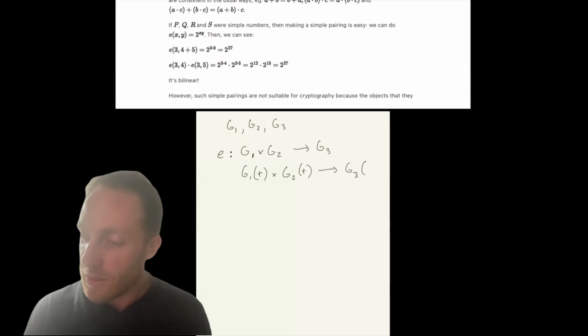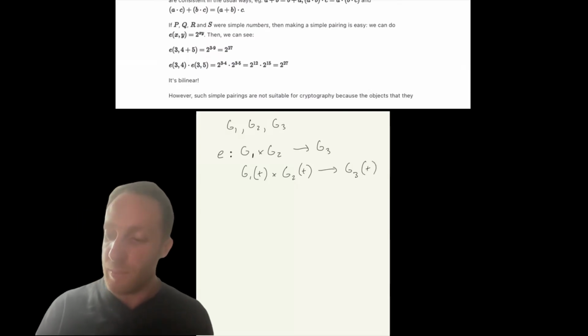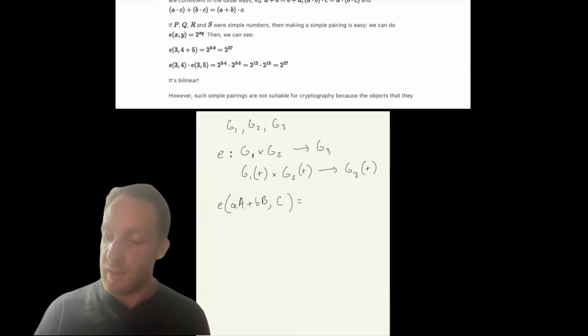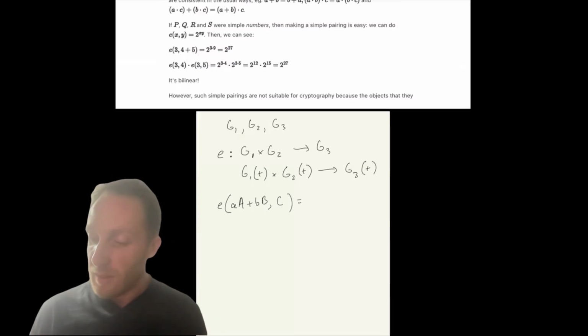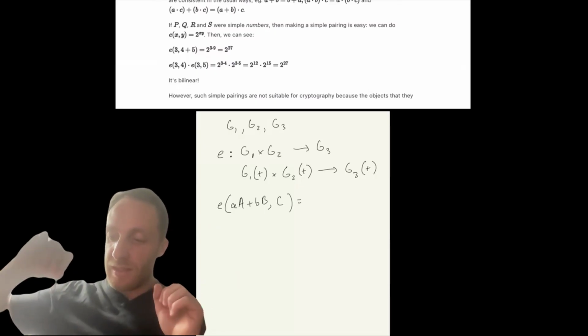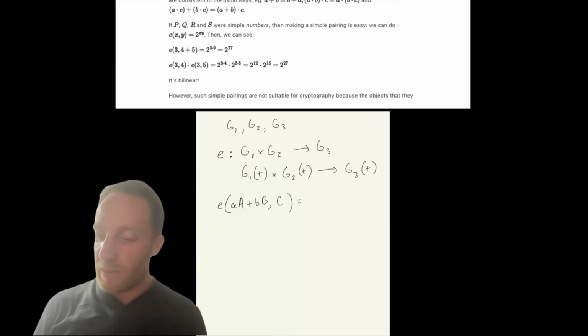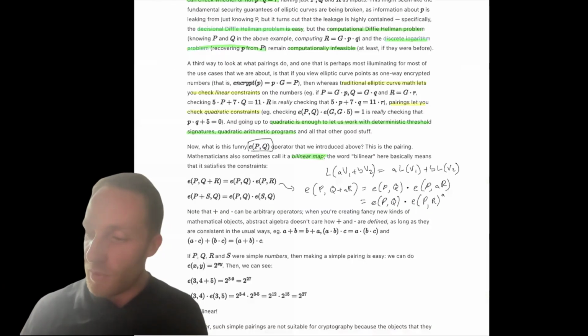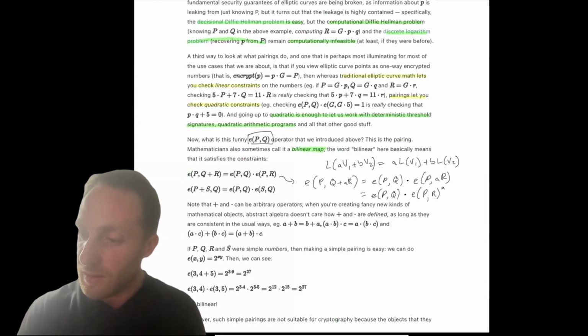I personally like to just use plus, because then you can do very simple things with the pairing, like when you define it as just e, like let's say e(aA plus bB, C) equals something. Literally, you can think of when you're keeping C constant, then you're linear in the first argument, right? So this thing here is linear in the same way that the L here was.